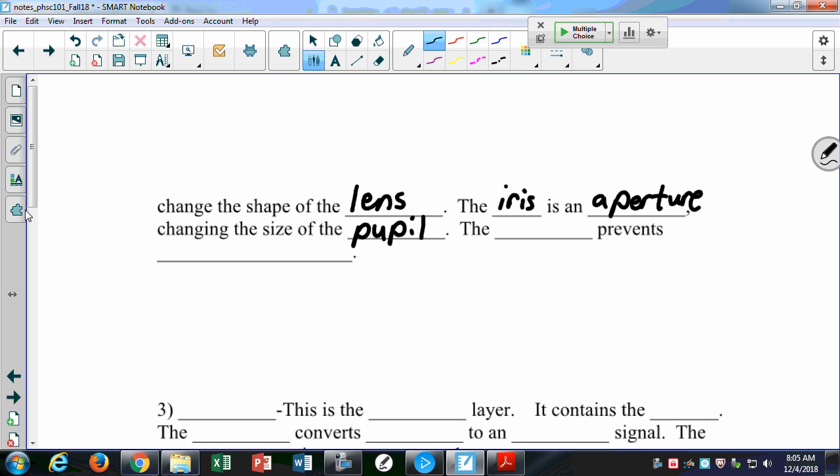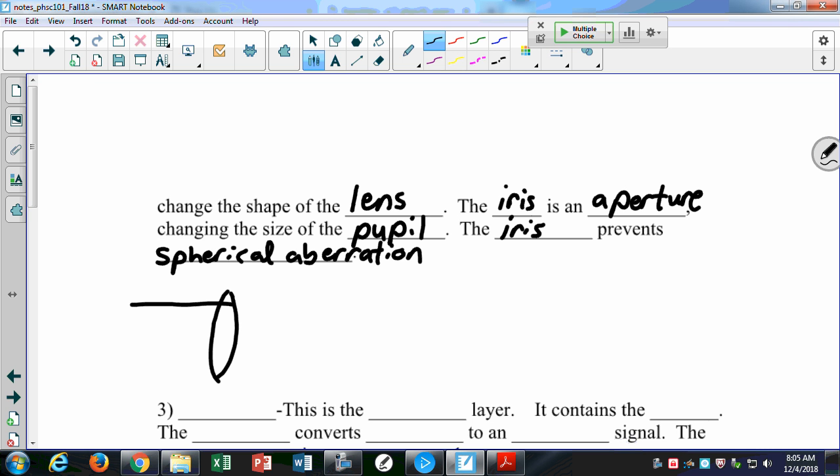The iris prevents spherical aberration. In optical devices, we have different types of aberrations. That means fuzzy images, where the images aren't made just right. If I have a convex lens and light rays come into the outer part of the lens, because of its spherical shape they will focus at a certain point. But light rays that come into the inner part of the lens will focus at a slightly different point.